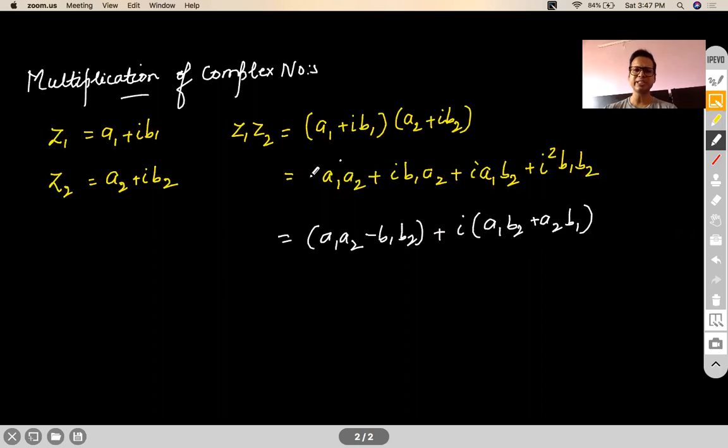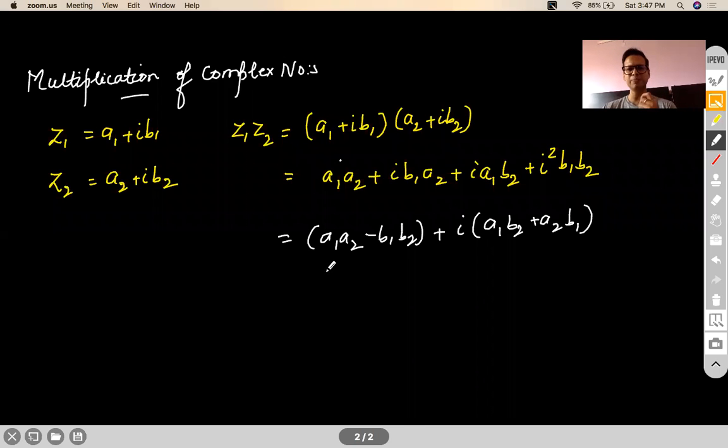Now this operation is very dry. That means it doesn't give us any insight as to what is happening when you're multiplying two complex numbers. Neither does it help us figure out the position of the product Z1 Z2 on the Argand plane if you know your Z1 and Z2 positions. So we'll take the same operation when the complex numbers have been represented in the polar form, or for that matter in Euler's form.